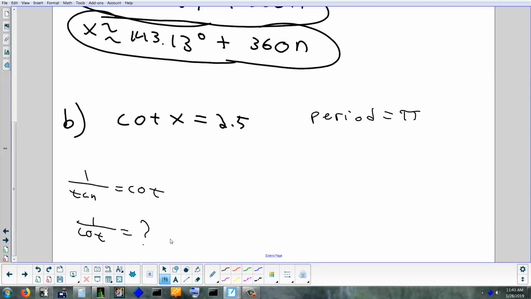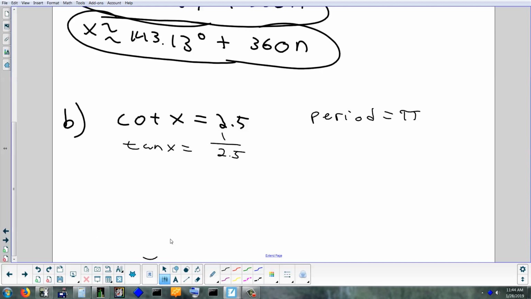That would be your inverse. When you flip it, it doesn't change from inverse trig to regular trig. It's still going to be a regular trig function. I just want to know which one it's going to be. Yep. It's tangent. If you flip the cotangent, you get the tangent. And if you flip 2.5, you get 1 over 2.5.